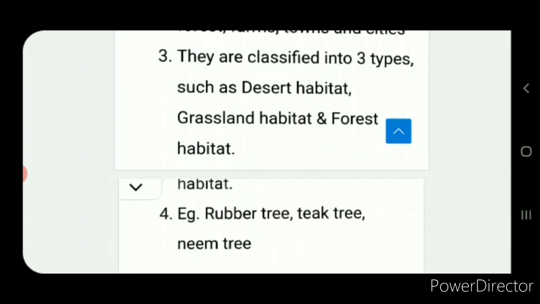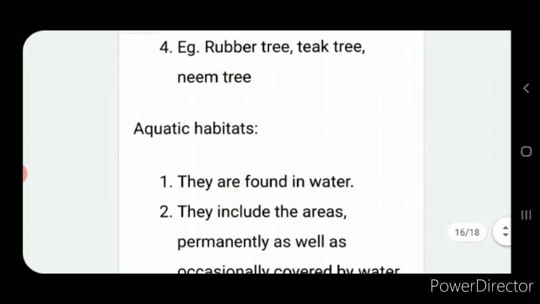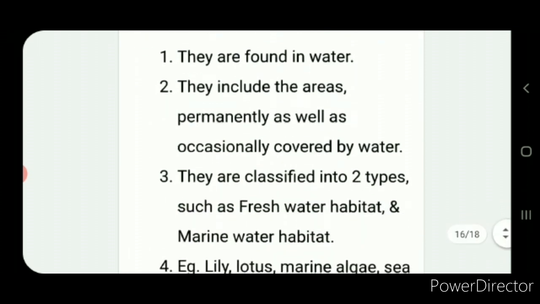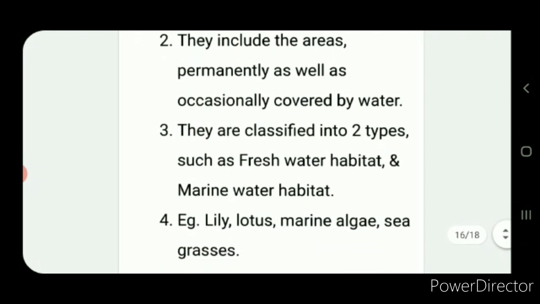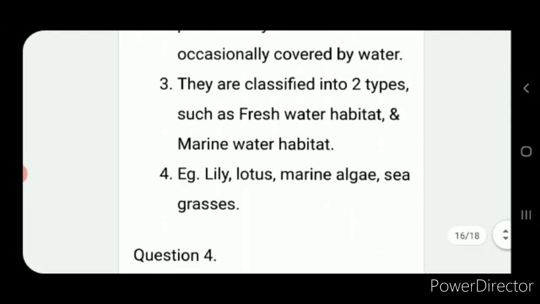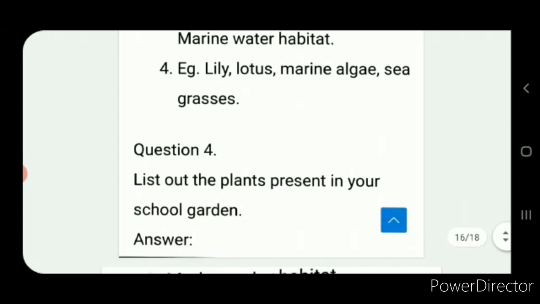Example, rubber tree, teak tree, neem tree. Aquatic habitats include the areas permanently as well as occasionally covered by water. They are classified into two types such as freshwater and marine water habitat. Example, lily, lotus, marine algae, seagrasses.